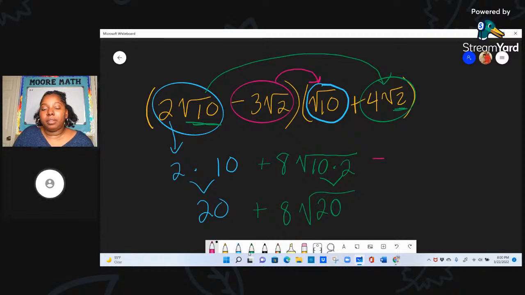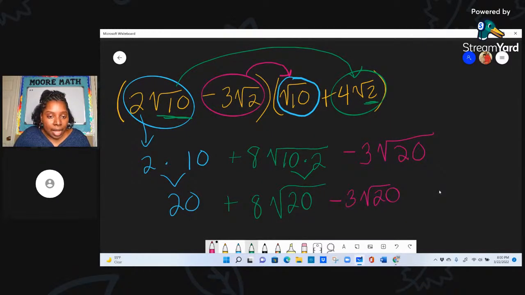We can combine the square root of 2 and the square root of 10, which is 20. 2 times 10. And then what do I bring down that I haven't used yet? The -3. Good. Excellent. Almost there. You're doing great.